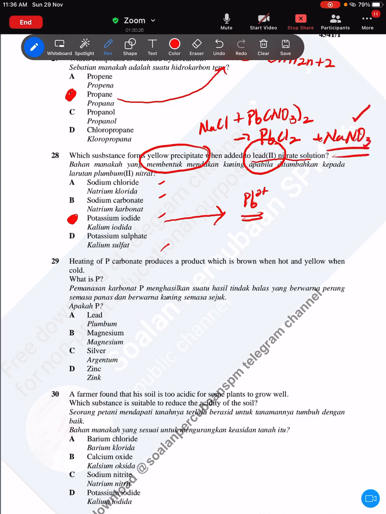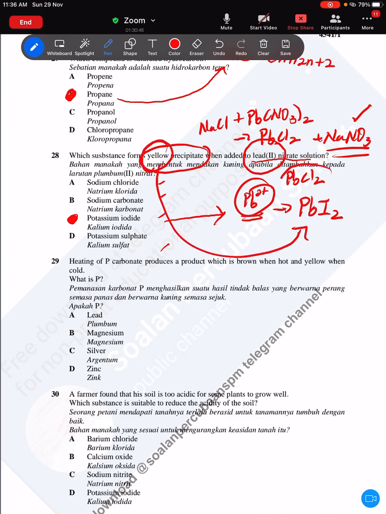This is a soluble salt. Look here. If you are using sodium chloride, it forms PbCl2. On the other hand, if you are using potassium iodide, it forms PbI2, and they are asking for a yellow precipitate. The yellow precipitate is from iodine. If you are using PbCl2, it forms a white precipitate. That's the answer.